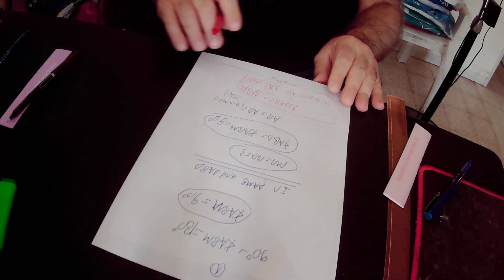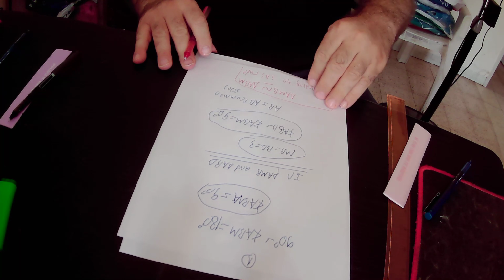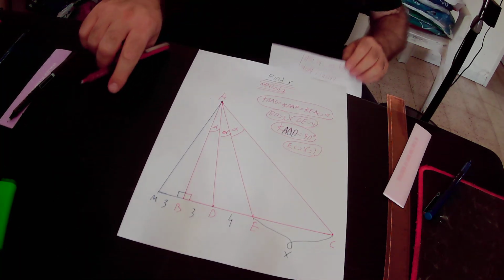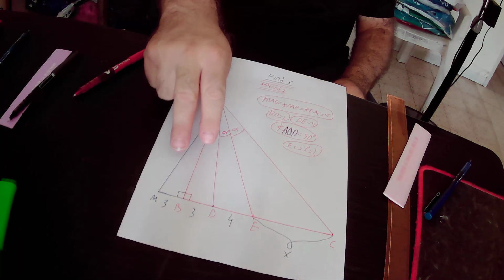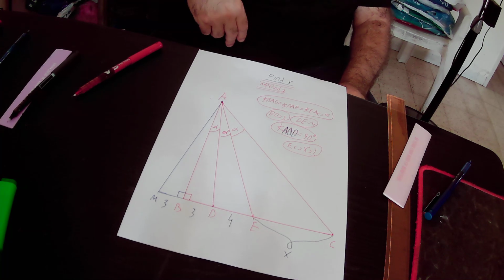So those two right triangles are congruent to each other according to the side angle side rule.